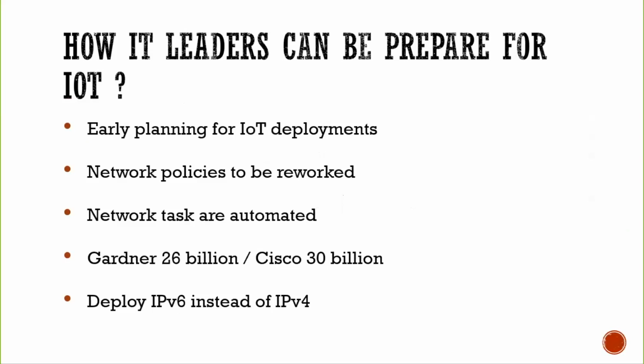The second one is rework network access policies to ensure that new devices and systems connecting don't endanger network resources or security. Another recommendation is ensure network tasks are automated when possible. And the last but not least is to deploy IPv6 addresses on IPv6 plans to ensure that the shortage of IPv4 addresses doesn't slow down their efforts around IoT.